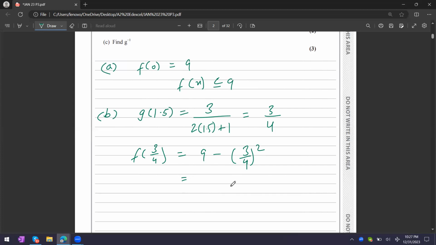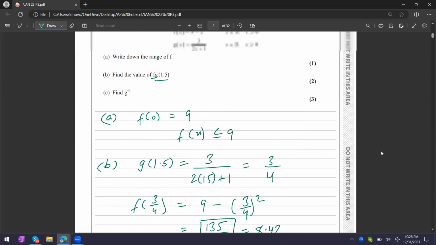Let's use the calculator. 135 over 16. If you look at it in decimal form, it is 8.43, which agrees with our range. f of x has to be less than or equal to 9. Okay, this we will consider as the answer.